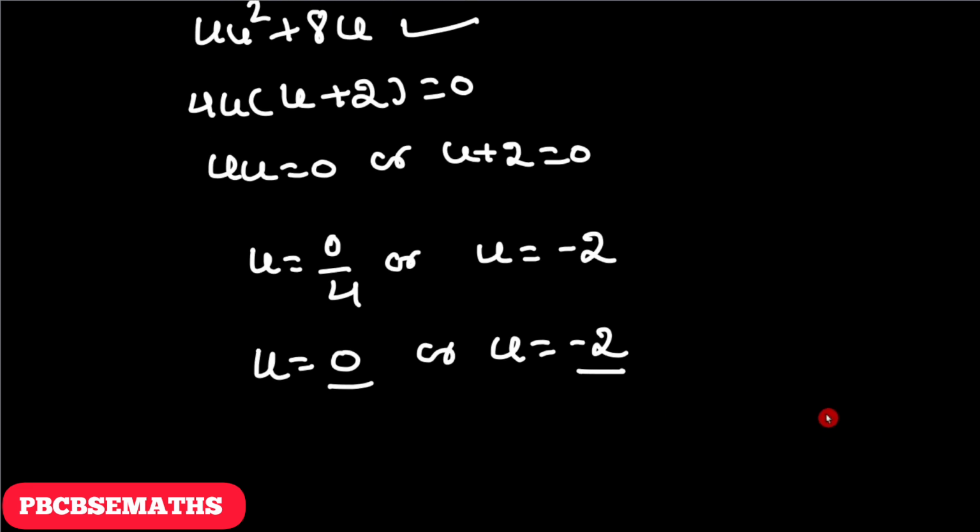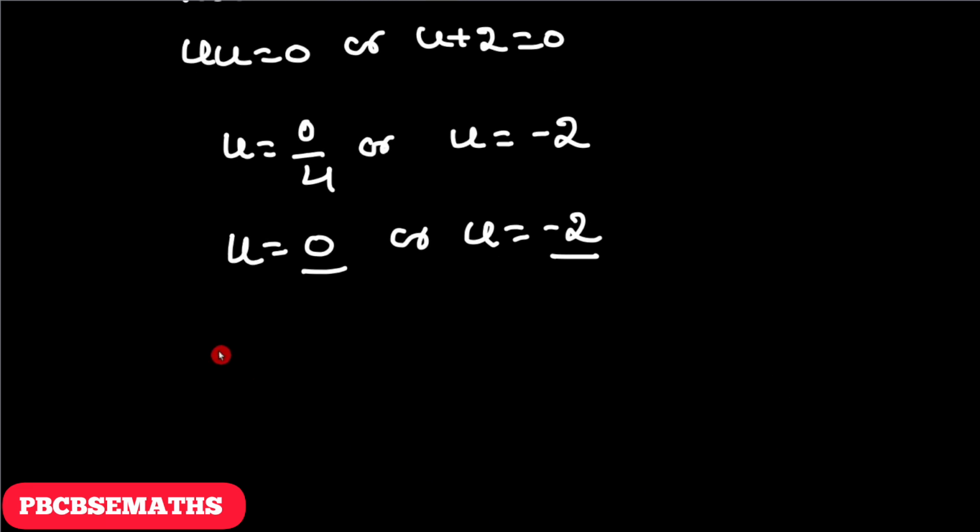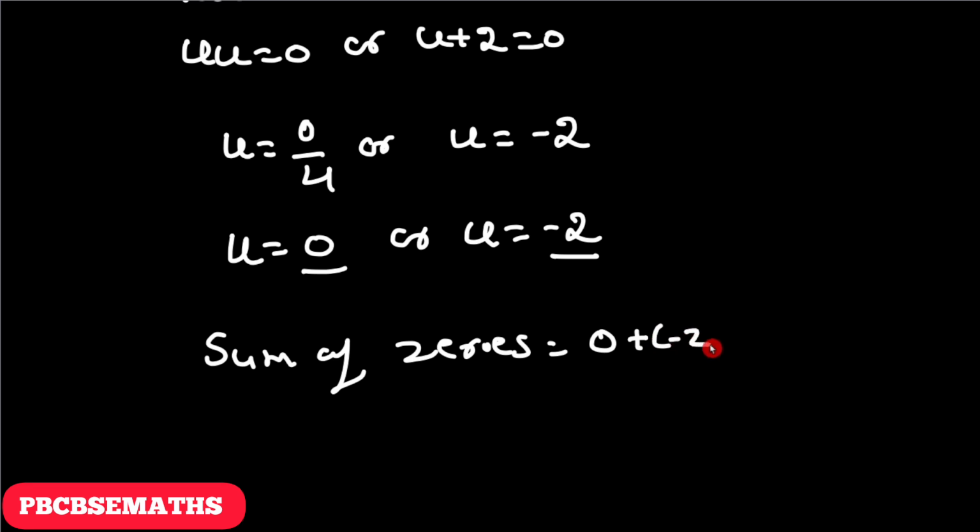Let's try to find out the sum of its zeros. So sum of the zeros is equals to 0 plus minus 2, which gives 0 minus 2, which gives us minus 2.